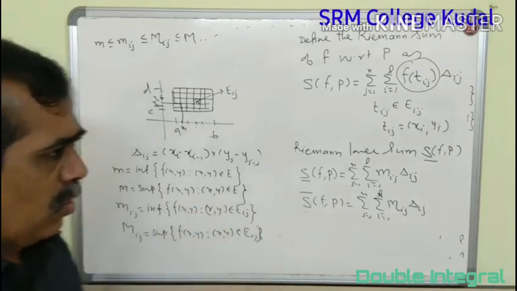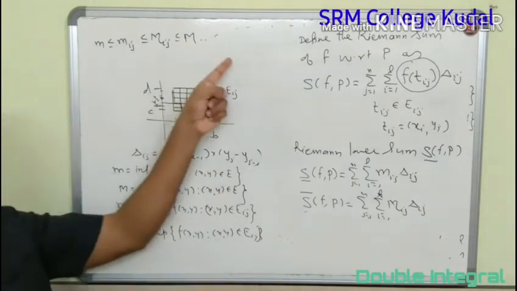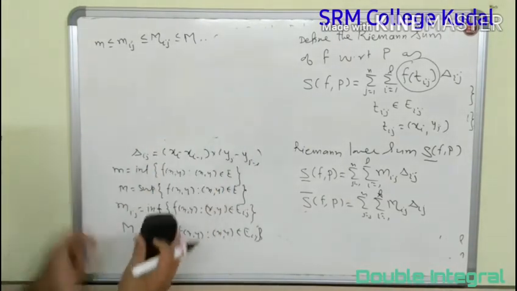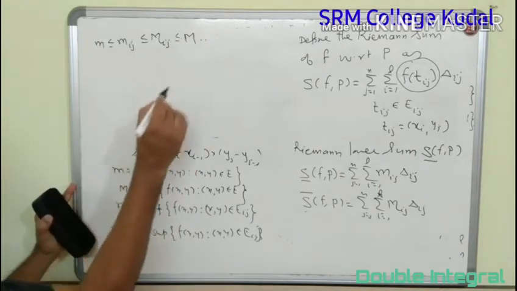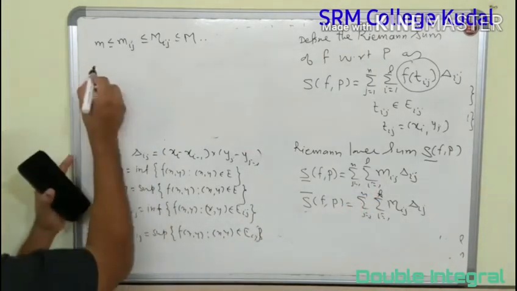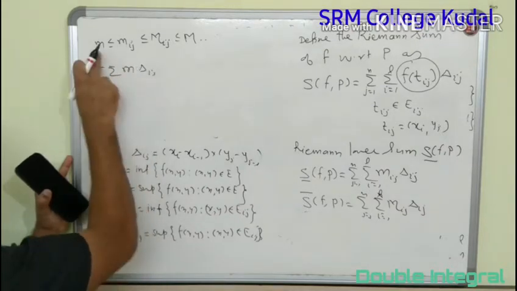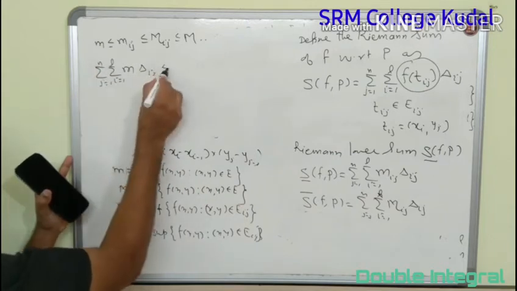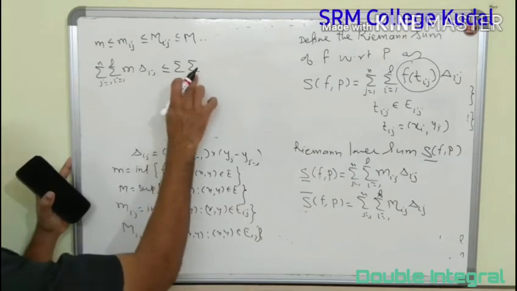Okay, now see, I will multiply inequality 1 by delta ij, and then take the summation over i and j. So I have multiplied this by delta ij and taken the summation over i and over j. I will not write all the summations; only remember the first summation is for j and the other summation is for i.